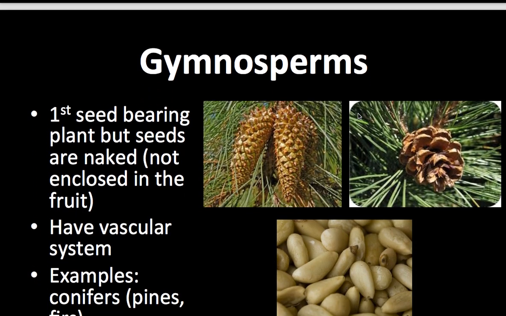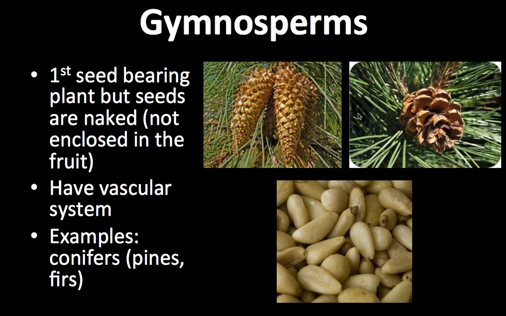Then came the first seed-bearing plants, gymnosperms. They have a vascular system, they have seeds, but the seeds were naked. Seeds were not enclosed in a fruit. So gymnosperms were the first seed-bearing plants.